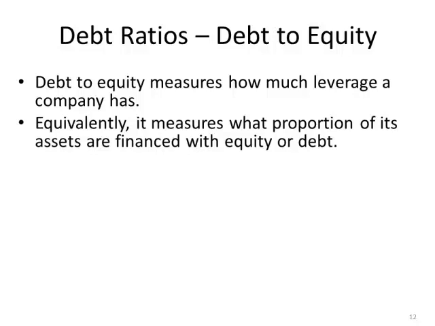Equivalently, the debt to equity ratio is measuring what proportion of the company's assets are financed with equity or debt. As we know, the total assets of a company can be divided into debt or equity, right? Equity is shareholders' funds, and debt is what the company owes to creditors, or money that they've borrowed. So when we look at the debt to equity ratio, we're looking at how much debt a company has relative to its equity.